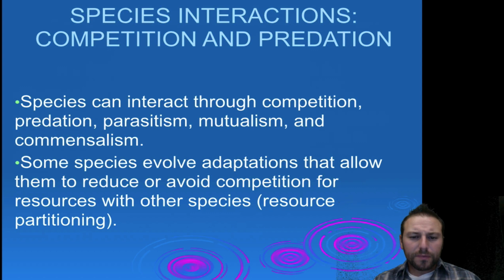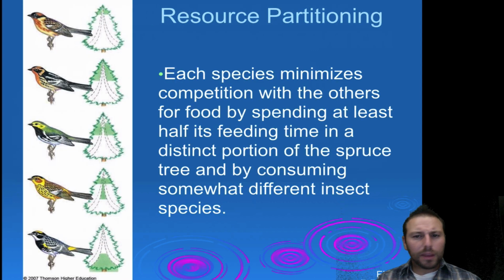Some species co-evolve adaptations that allow them to reduce or avoid competition altogether, which is known as resource partitioning, which we mentioned in class the other day. Resource partitioning basically allows organisms to live in close proximity but utilize resources in different ways or at different times to avoid any sort of competition.